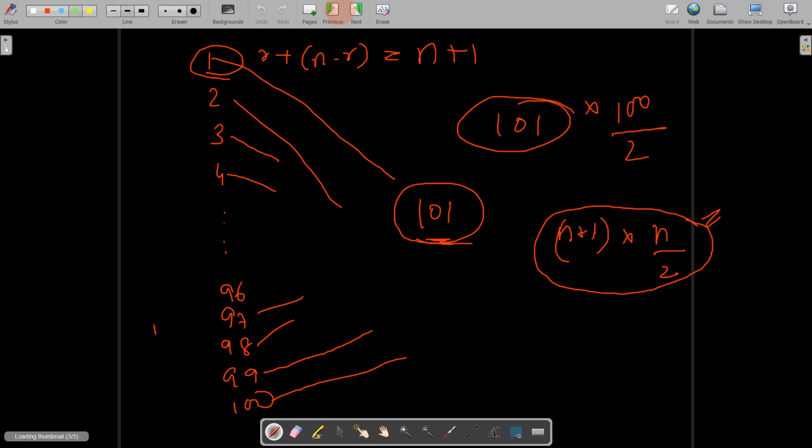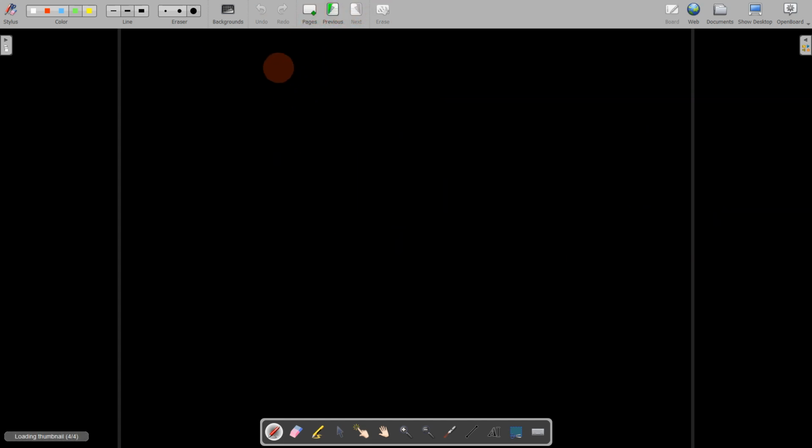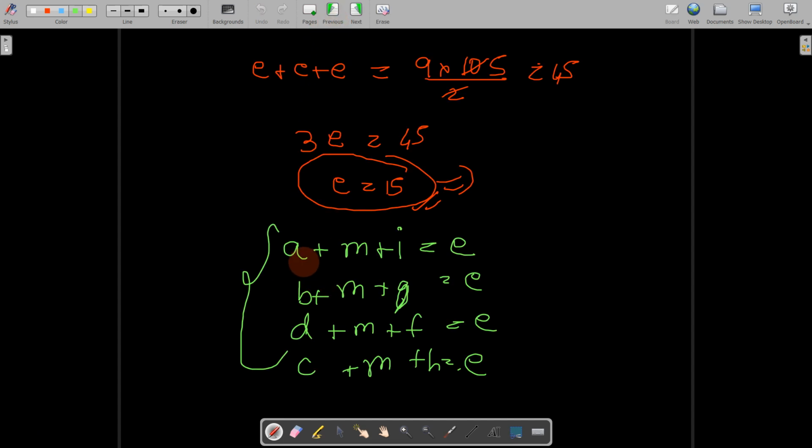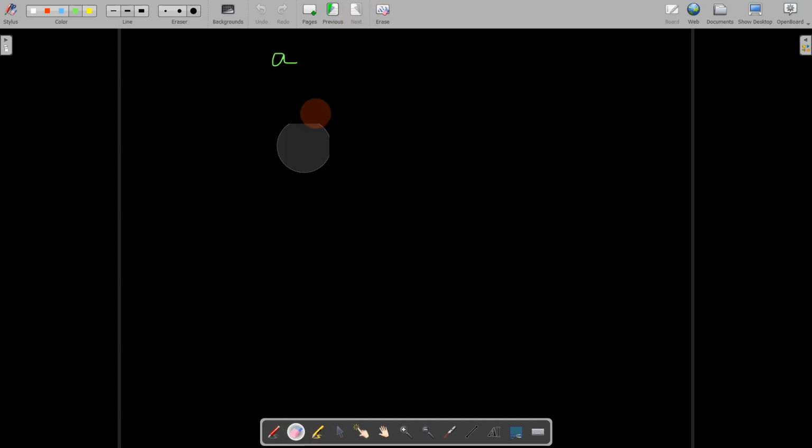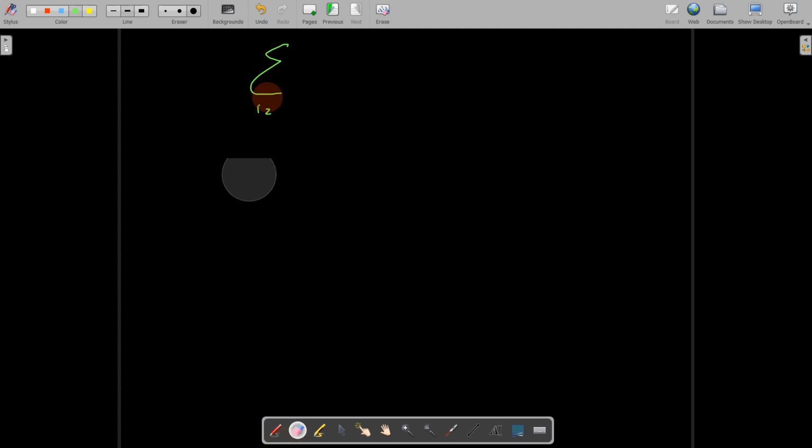So we can write this summation as, all the other elements, 8 elements, I am writing as sum of the first 9 natural numbers. Summation of I is equal to n natural numbers, right?